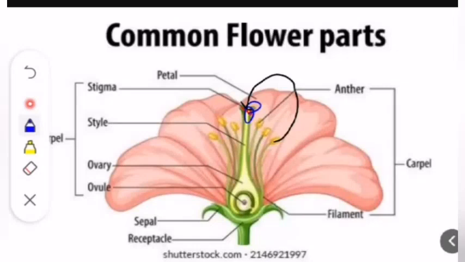This is not sequential, okay? It is something you can write in a paragraph, but I'm giving it to you in bullet points so it will be easier to memorize. Three, the pollen tube reaches the ovary.